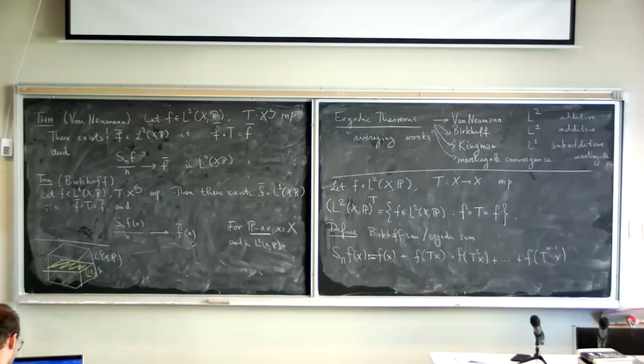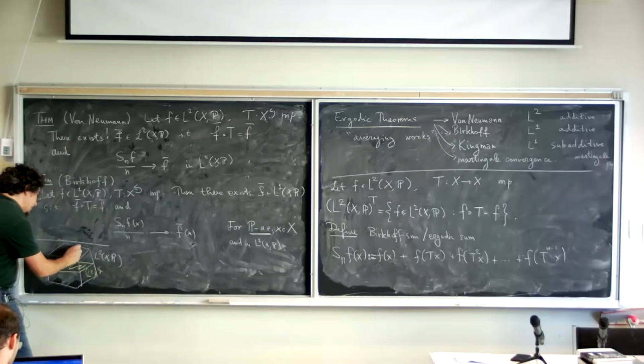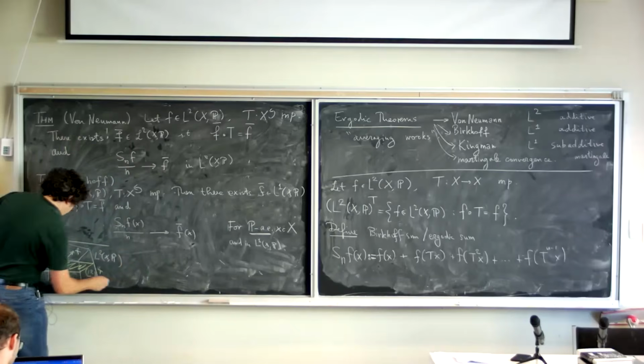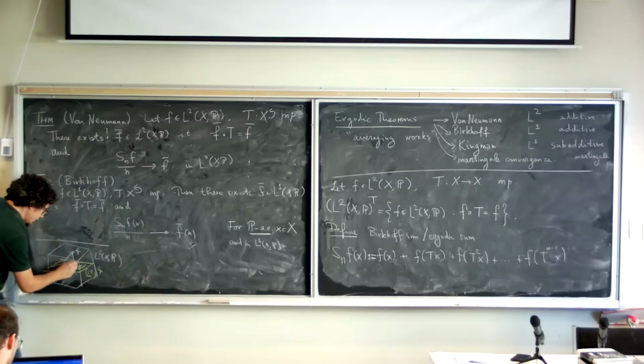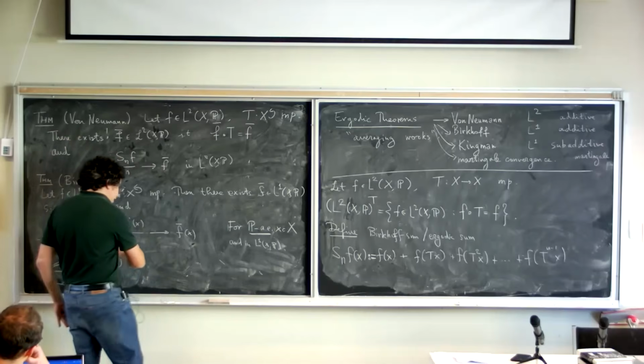And the ergodic theorem, basically what it does is it takes a projection. Let's say this is the 0, and F is a vector in this Hilbert space, and it gives you the projection. So F bar is the projection of F to the space of T-invariant functions.